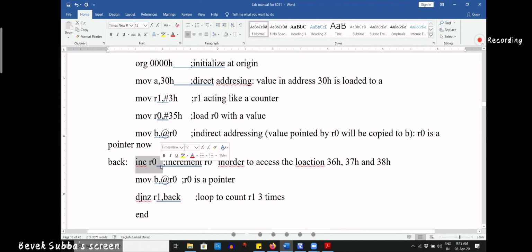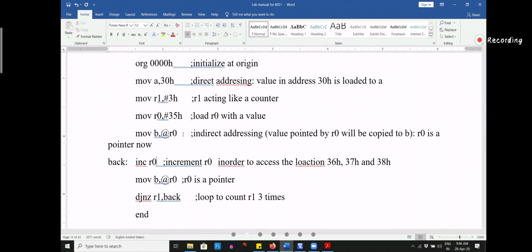When you increment R0, it will be 36 now. Now your pointer will be 36, so the value at the 36th location will move to B. Are you getting or not?